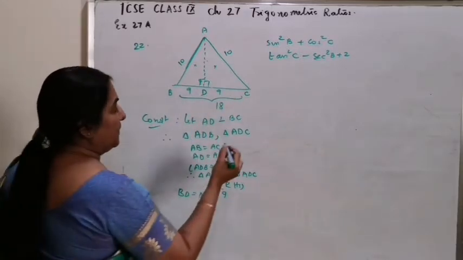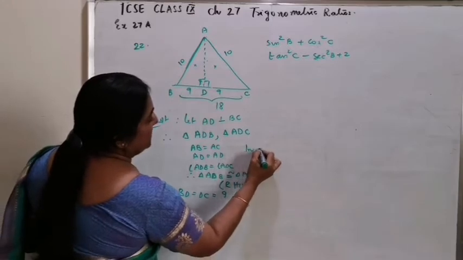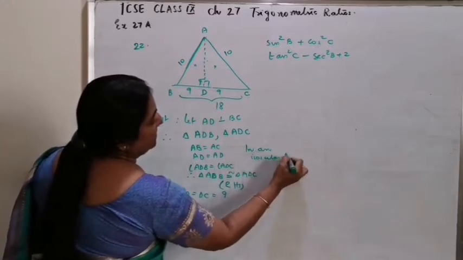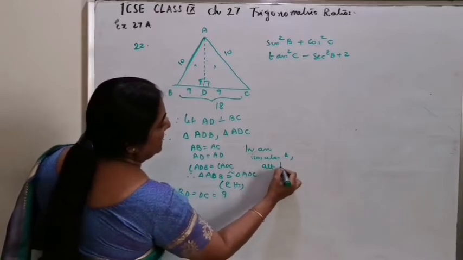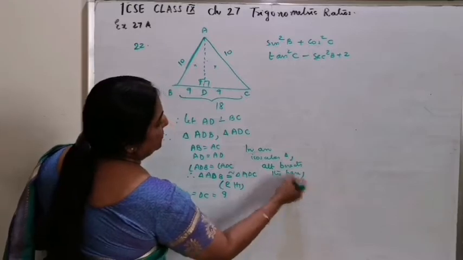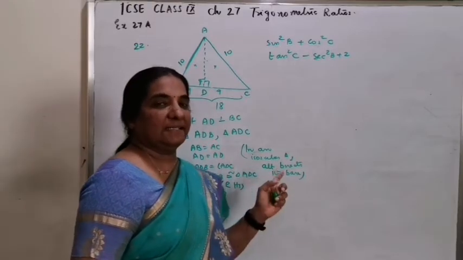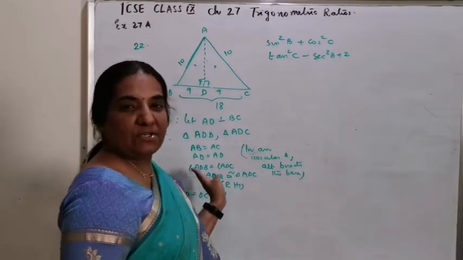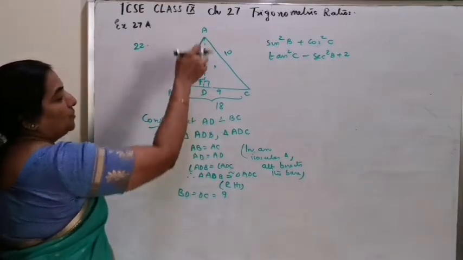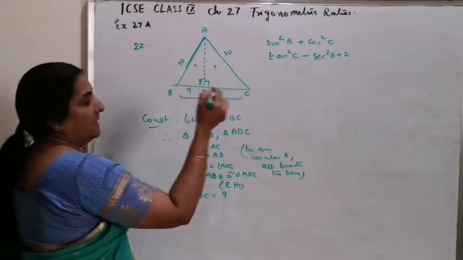Or there is a property that in an isosceles triangle, the altitude bisects the base. That means when you draw an altitude, it will bisect the base. The proof is based on triangle congruence. Now, based on that, you have two right triangles, ADB and ADC.